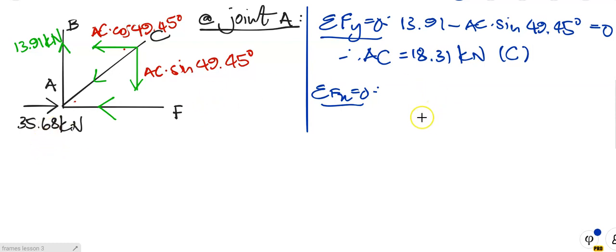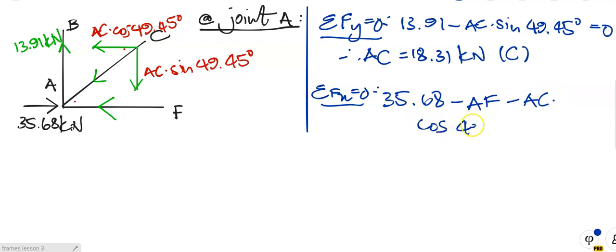Okay, so 35.68 minus AF minus AC cos 49.45 degrees. There's no more, so it's equal to 0. But we know AC from that over there, so therefore, we can solve for AF.